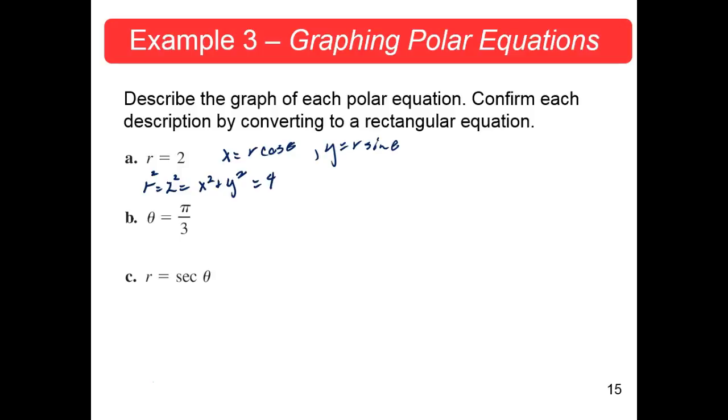So what have you got here? You've got a straight line going from the origin that way as long as you can go. Not a line, actually. It's a ray starting at the origin going that direction.